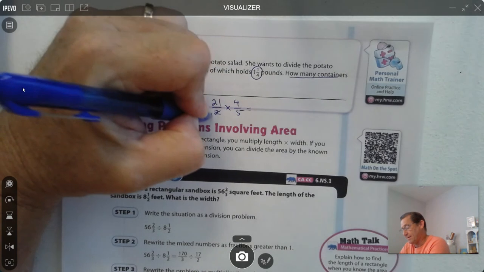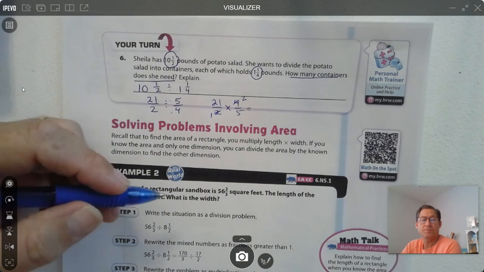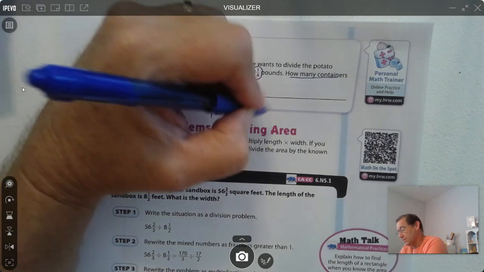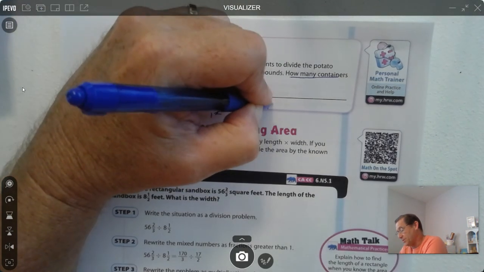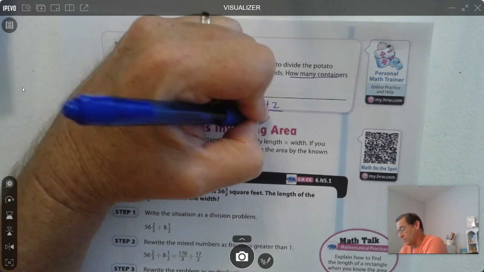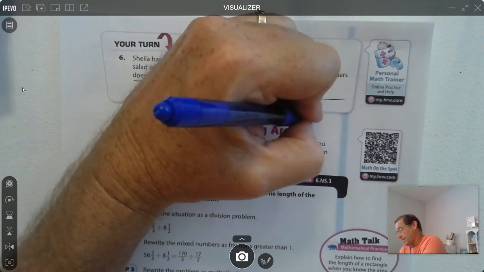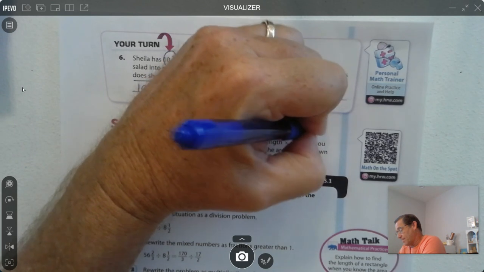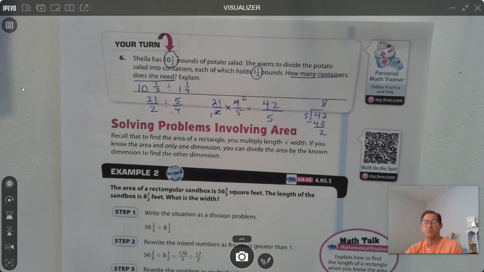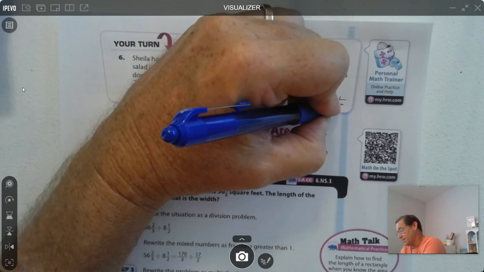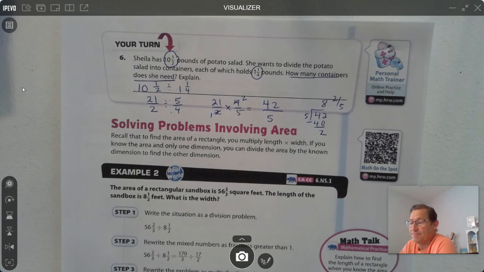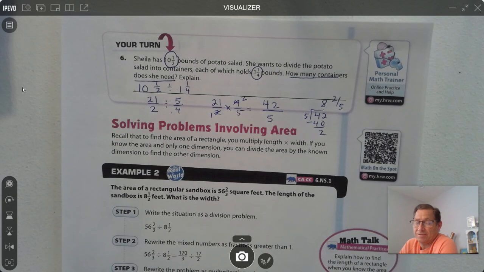We can see that there will be a common factor of 2 in 2 and 4. And now we can just multiply straight across. 2 times 21 is 42. And 5 times 1 is 5. If we divide that out, we'd be left with a remainder of 2. So 8 and 2/5. So how many containers will she need? Well, she's not going to use 2/5 of a container, right?